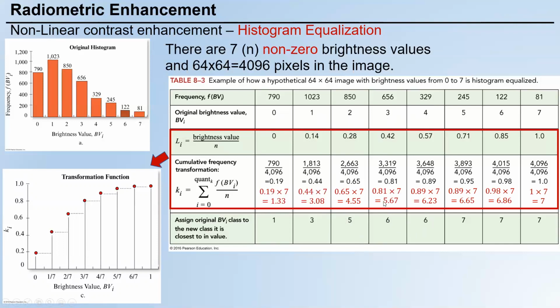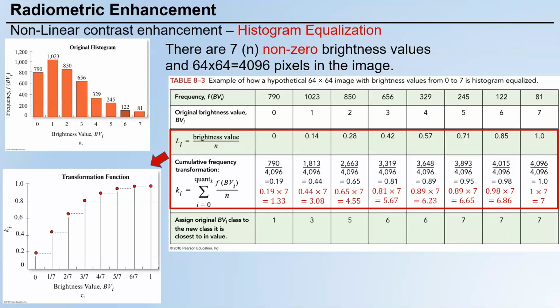Because the calculation results, 5.67 and 6.27, have 6 as the closest integer. Both of them are projected to 6. Similarly, we do this for class 5, class 6, class 7. They are all in class 7 in the output image.